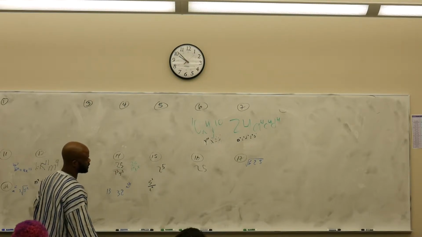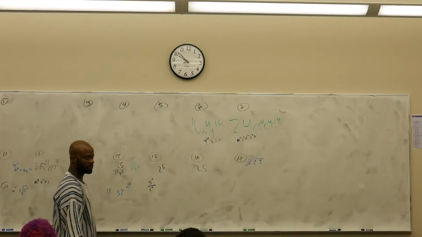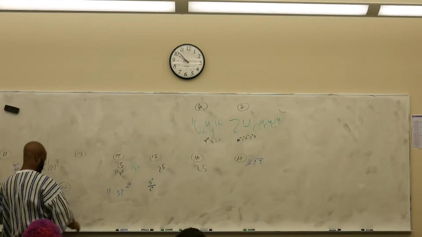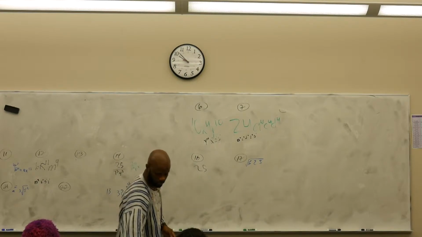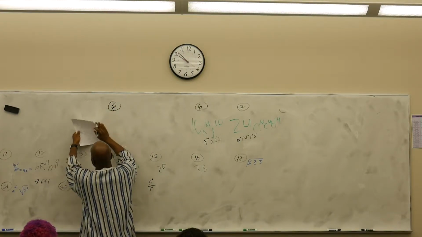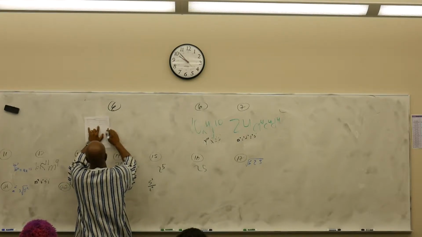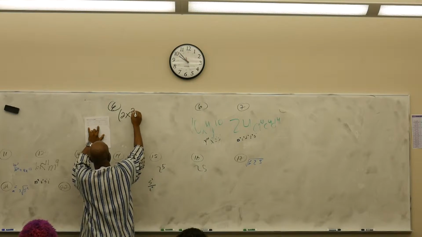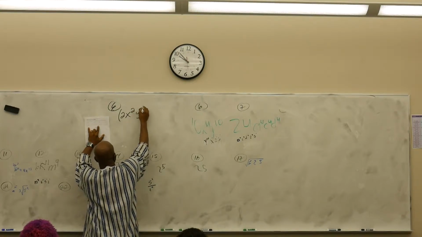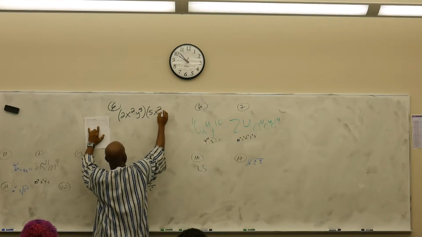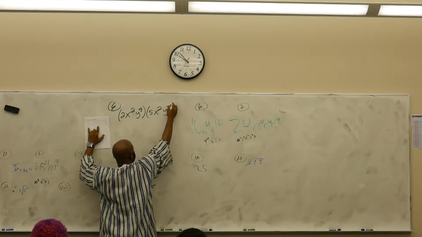All right, let's start with number 6. For number 6, the problem is 2x squared y cubed times 5x squared y to the 7.